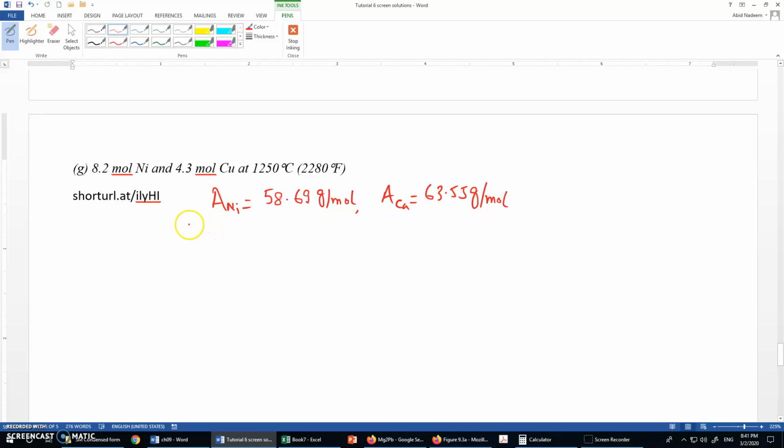So the mass of nickel we can find by multiplying 8.2 with 58.69, which will be equal to 481.23.